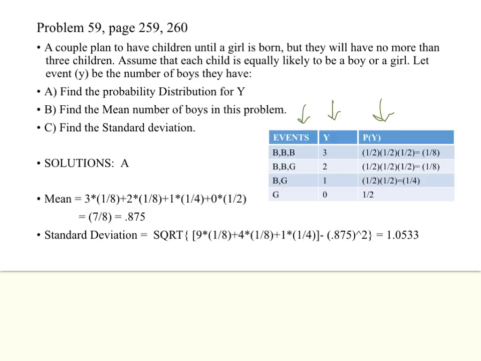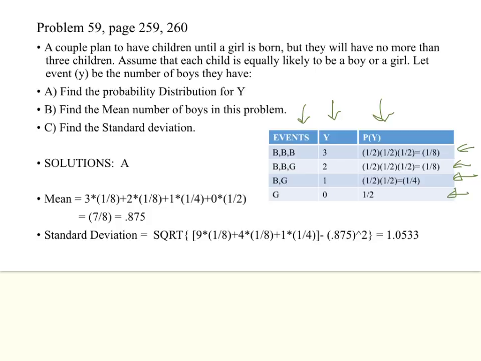So it's 1/2 times 1/2 times 1/2 is where you get 3 boys, and that happens 1/8 of the time. If you get 2 boys and a girl, it happens 1/8 of the time. If you get just a boy and a girl, that happens 1/4 of the time. And then if you get just a girl, it's just 1/2.